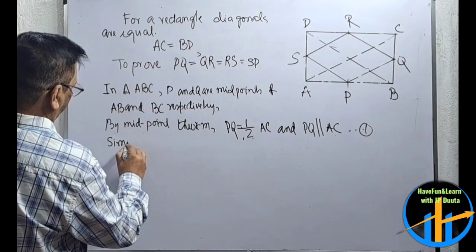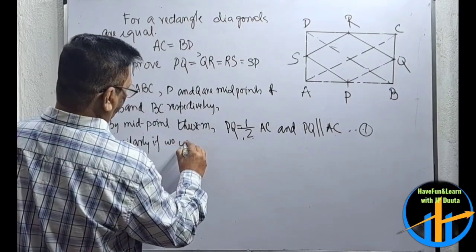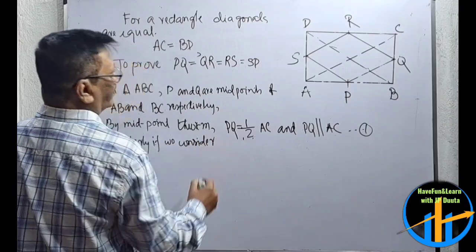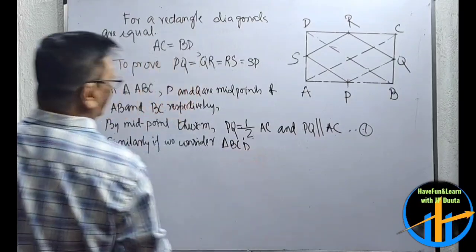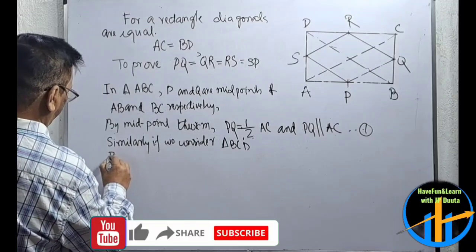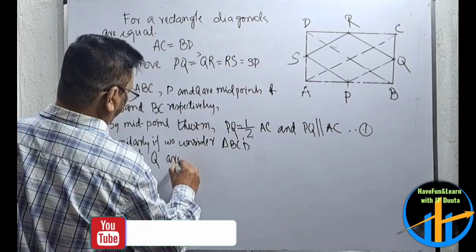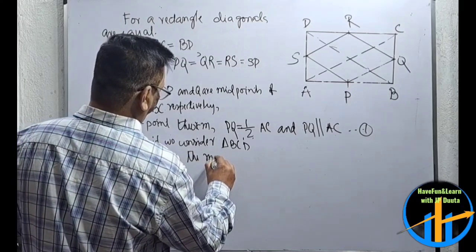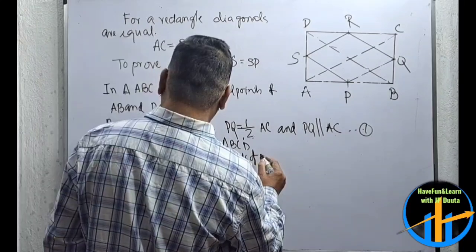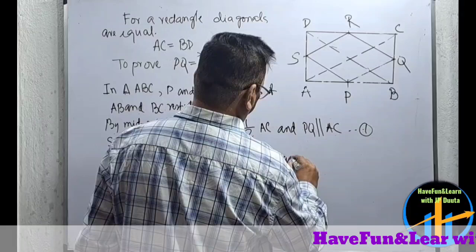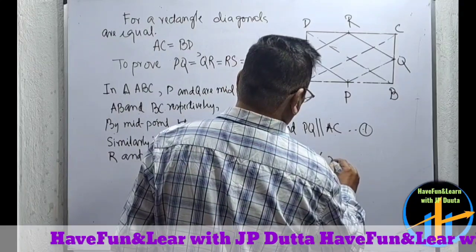Similarly, if we consider triangle BCD, we can say R and Q are the midpoints of DC and BC respectively.